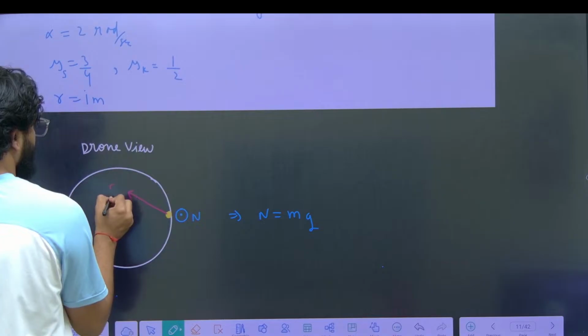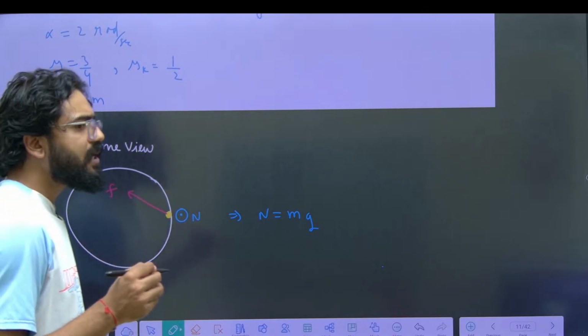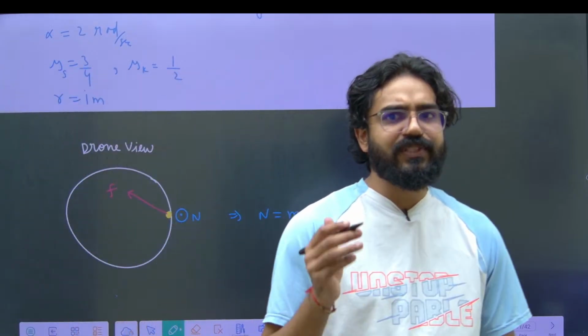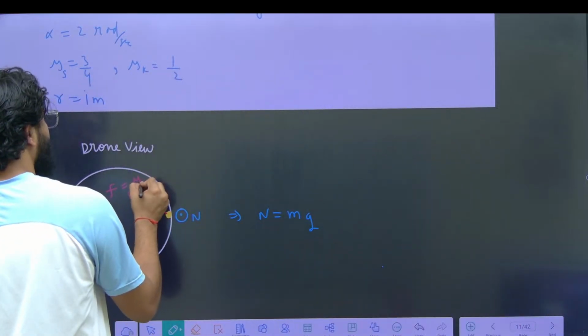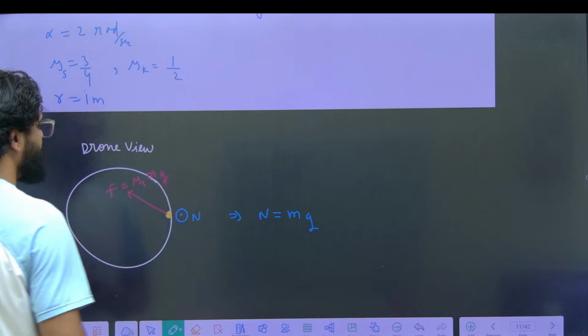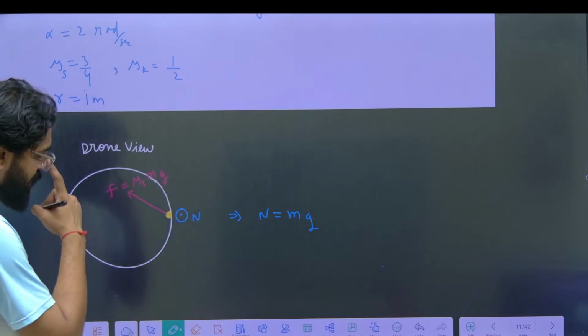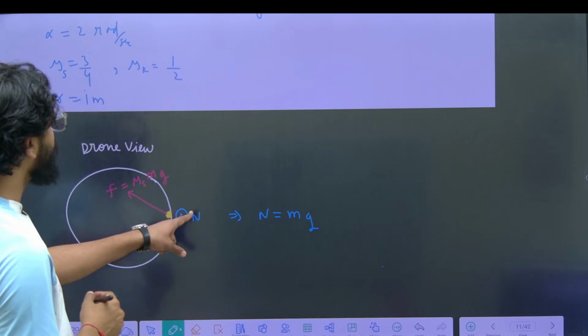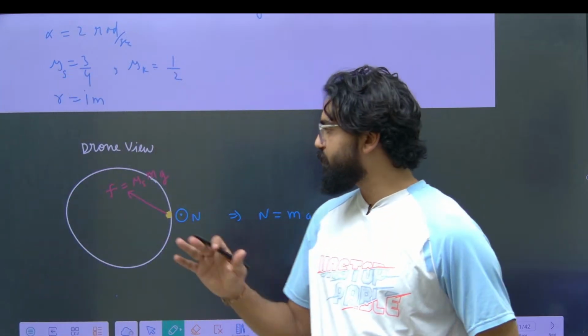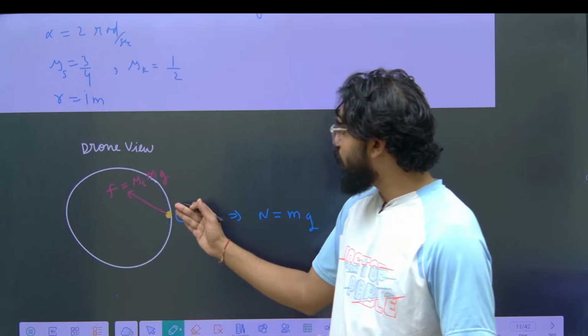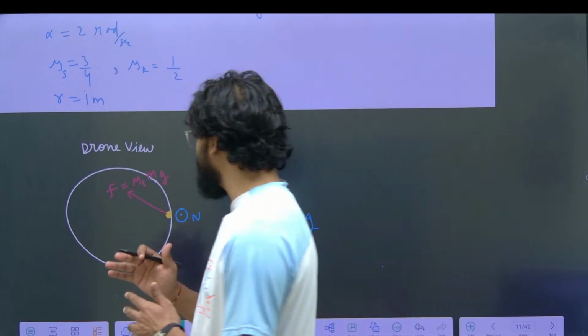So friction, correct. If it is on the verge of slipping, then friction will take the value of mu s mg. Are you getting it? Okay. And you can see normal and friction are perpendicular to each other. Why? Because friction is in the plane of the disc and normal is coming out, so they are actually perpendicular to each other.